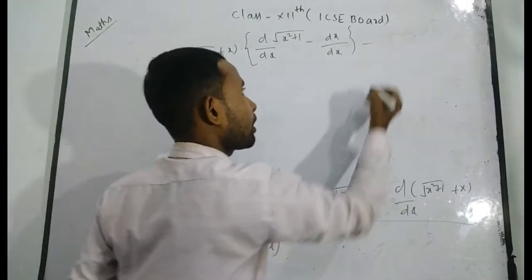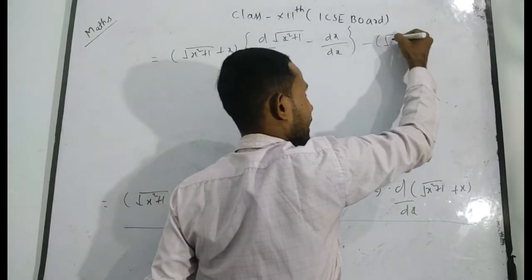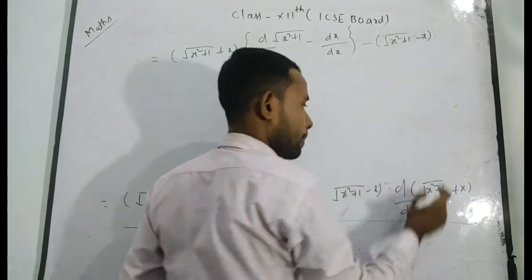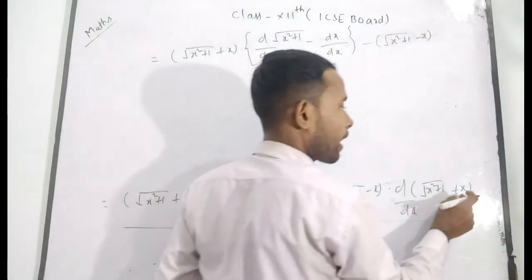Again, first take root under x square plus 1 minus x and the derivative of this term with respect to x.